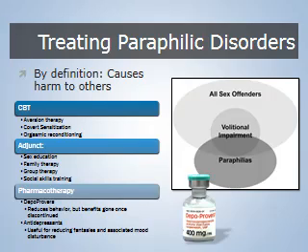Sexual masochism and sexual sadism. So it involves either being sort of violated, whether it be verbal, emotional, physical, as well as being the person that violates. So there may be whips involved. There may be some sort of pain devices involved.